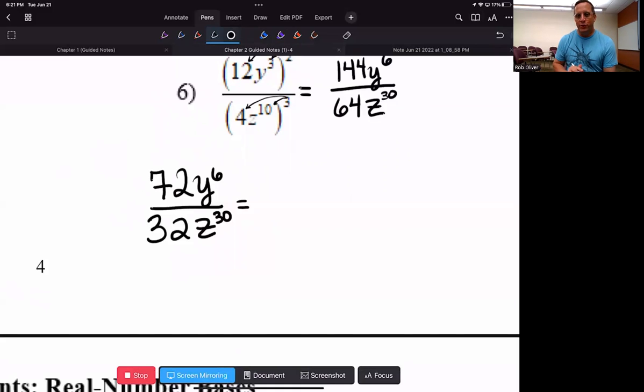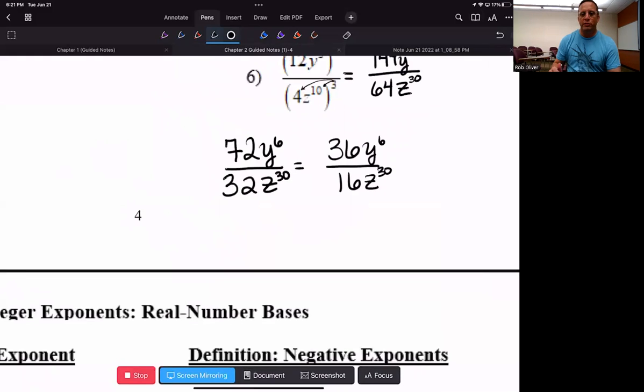All right, so you got 72. Let's divide that by 2. So half of 72 is 36. Y to the 6 is unchanged. Half of 32, we'll do this right this time, is 16. Z to the 30th is unchanged. All right, and it looks like those can be divided by 2 again. Half of 36 is 18.